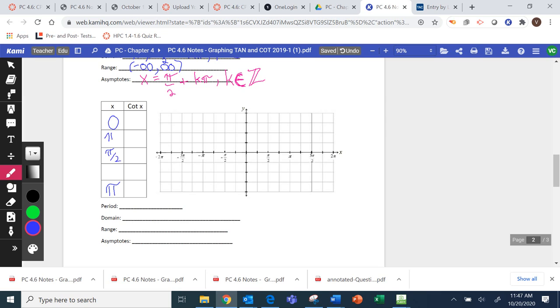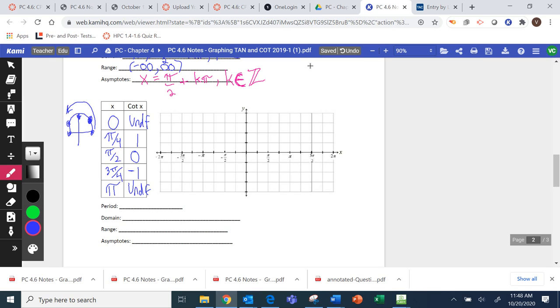In between those is pi over 4, and then 3 pi over 4. Cotangent and tangent both start and end with undefineds. 0 will be the middle. So if I'm using this little picture here to figure out what comes next, if I'm going around this, the next thing I get is a +1. And then I get a -1.